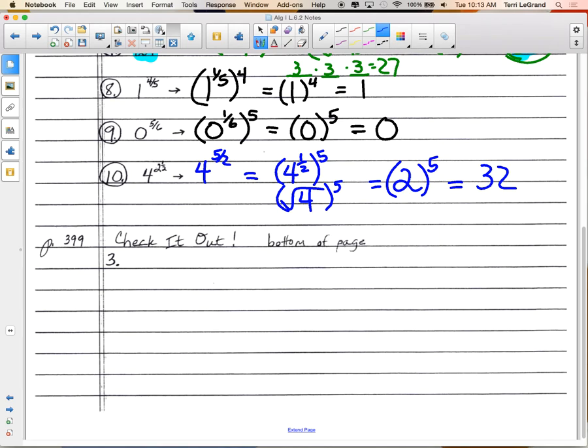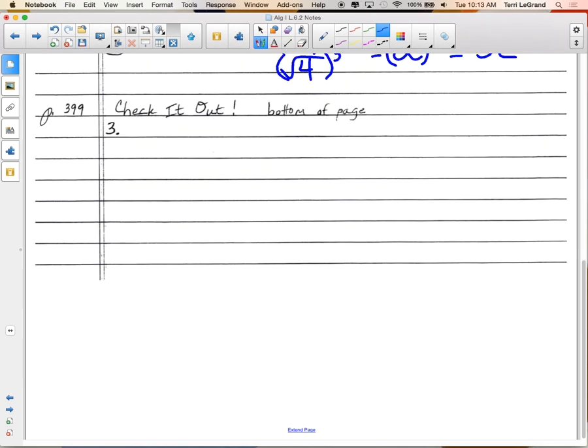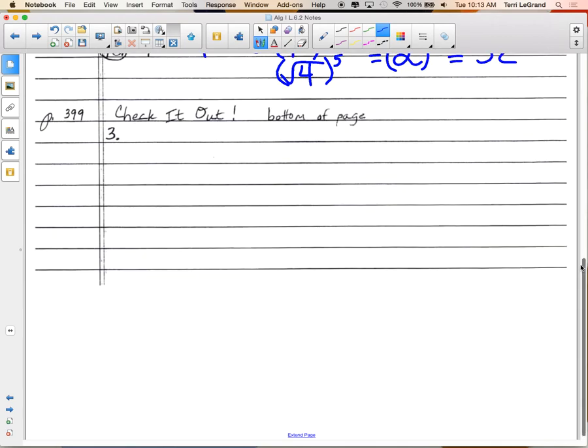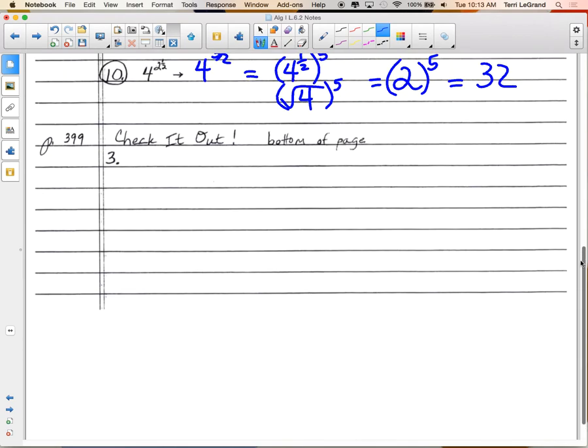Very bottom of the page, we're going to do check it out problem number 3. But to do that, we're going to need to read what was happening in example 3. So would you read the bold print in example 3? All of you to yourself, because otherwise somebody will read and you'll stare out into space.